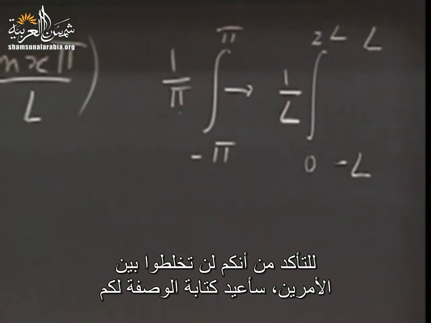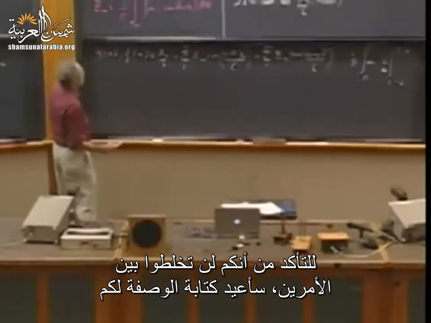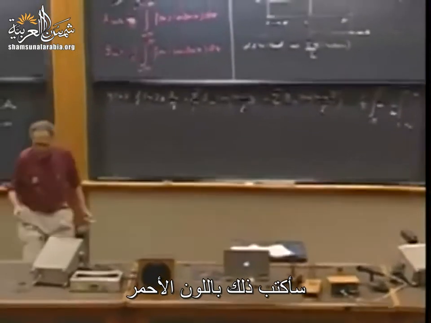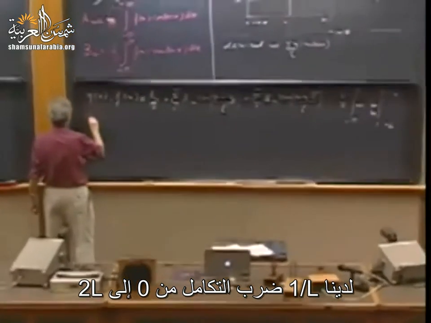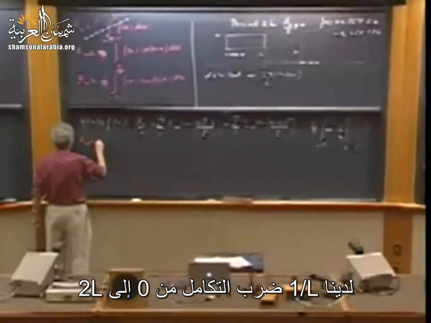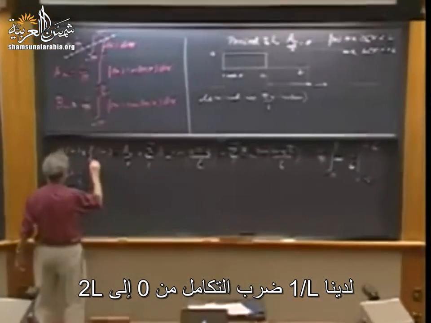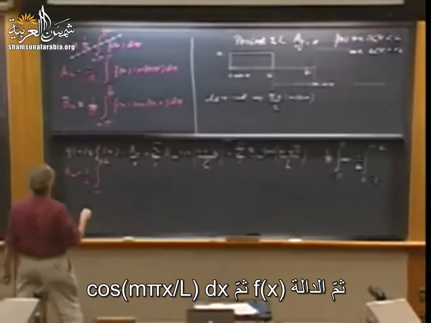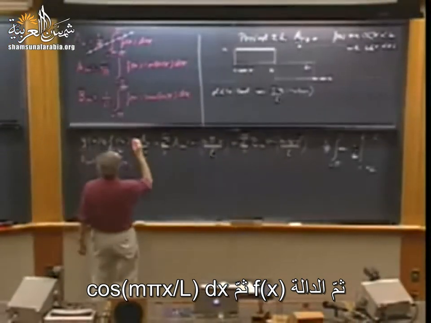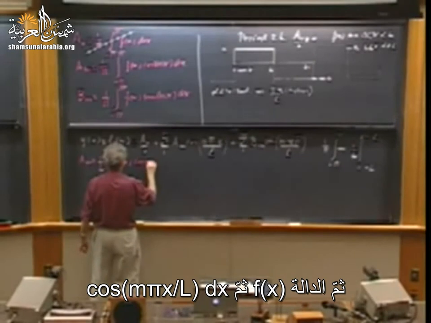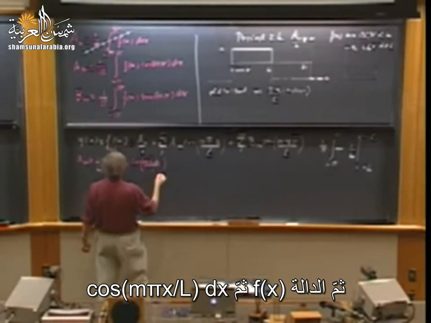And so, to make sure that you're not going to get confused, I'm going to rewrite the recipe for you. And I might as well do that again in red. So we got now that a of m is 1 divided by L times an integral, let's just go from 0 to 2L, of our function of x, times the cosine of m pi x divided by L dx.